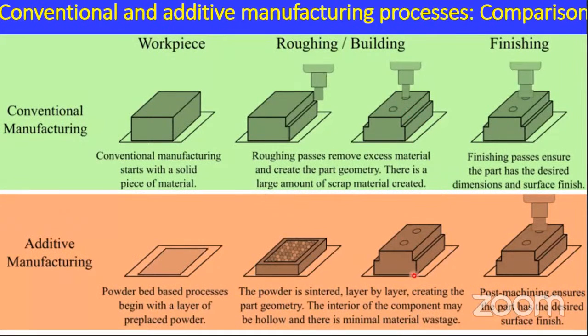And also the alignment issue or the accuracy issue can be in fact minimized. And also the time taken by this process compared to the conventional manufacturing route can be drastically reduced, right?